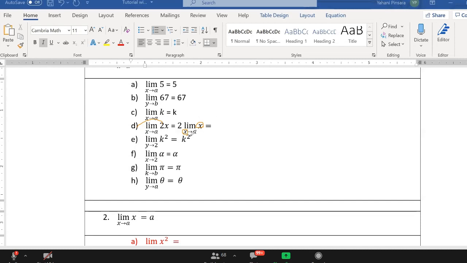So the answer for this one is the approaching variable, right? So the answer is a, and you have to take this 2 as well because it is multiplied by that limit. 2a is the answer, right? 2a is the answer. I think Sastru, you have asked.